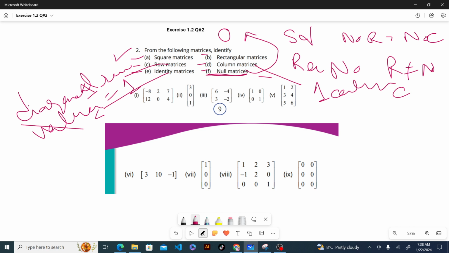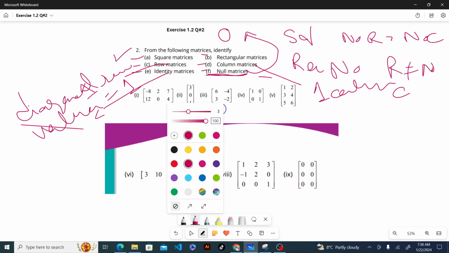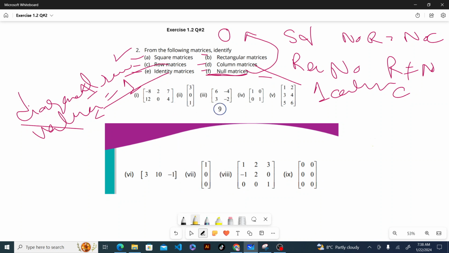Now let's move further and identify these matrices. So the first matrix, this one. Its number of rows is not equal to its number of columns because there are 2 rows and 3 columns. So it is a rectangular matrix. Then number 2: only one column is there and 3 rows are there.